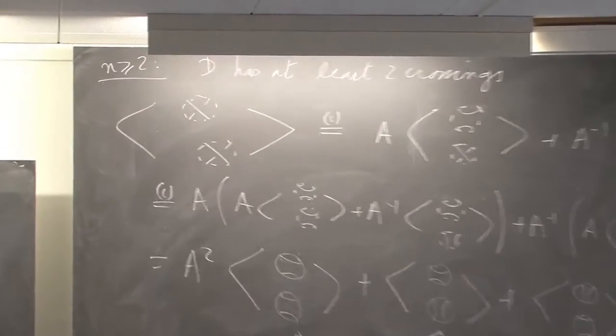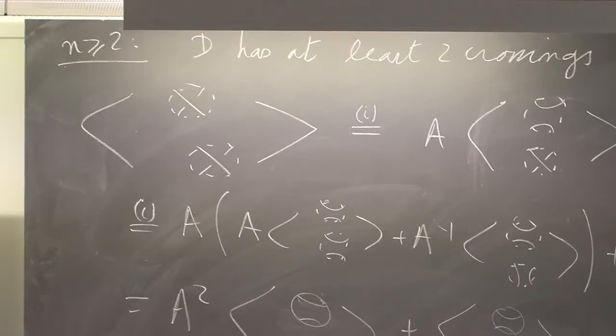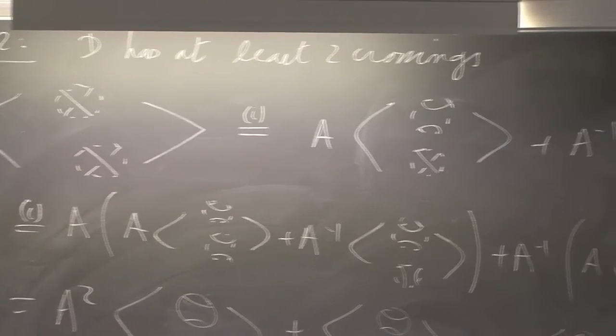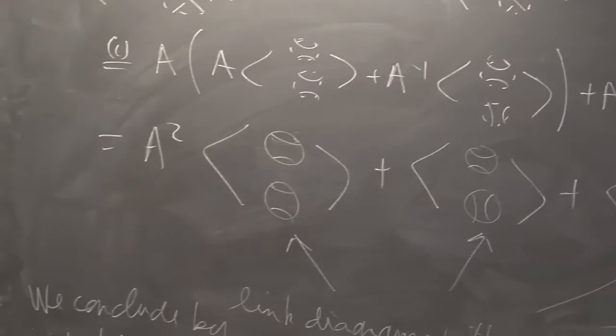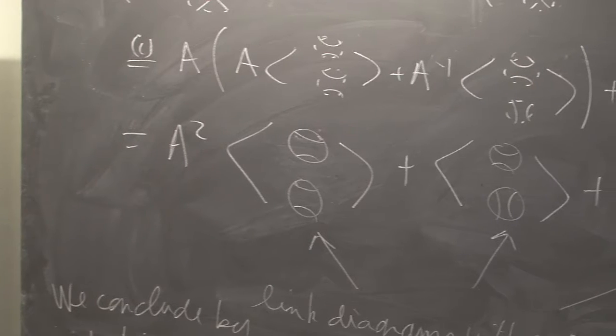So the bracket polynomial, we know where it belongs depending on the number of crossings.